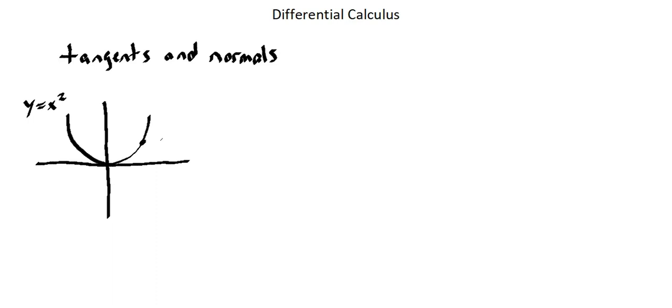Given the equation y equals x squared, any point on the curve is x, x squared. The y value equals x squared. The tangent line is going to have the slope of the curve at the particular point that we're analyzing, and that point is a point on the tangent line.